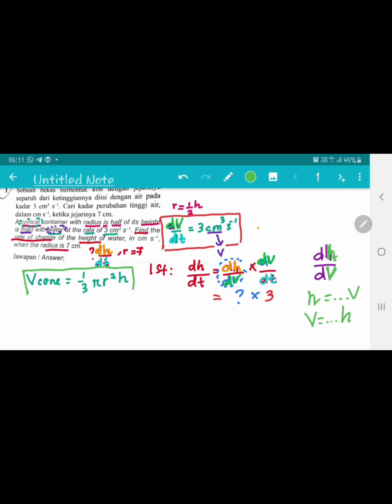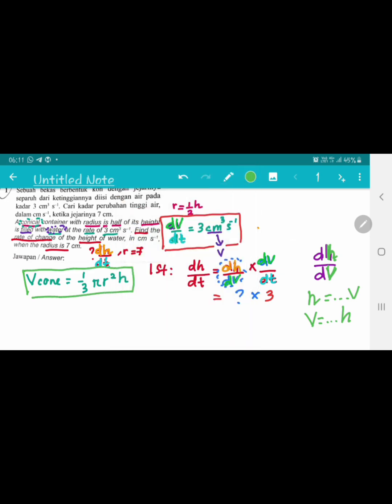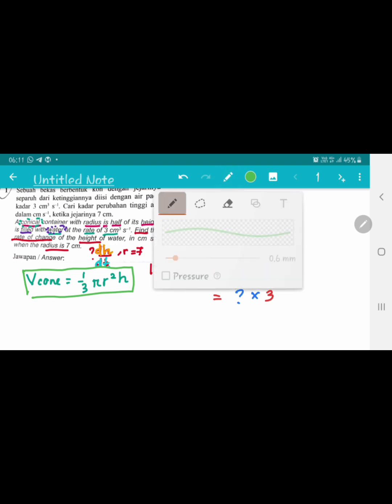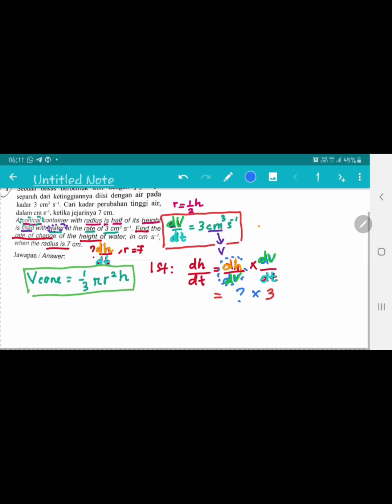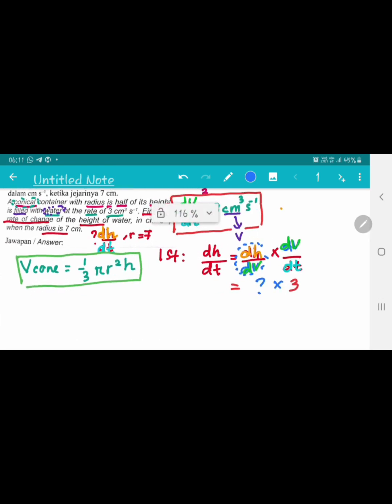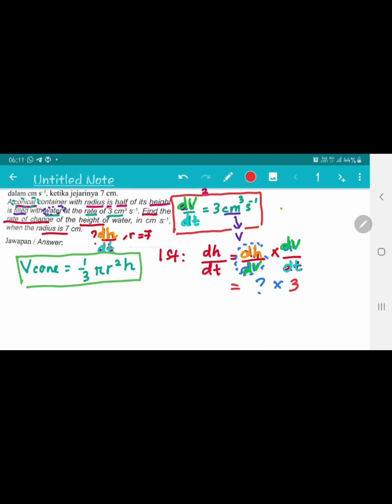When we look at the equation for volume of cone, we can see V is in terms of r and h.